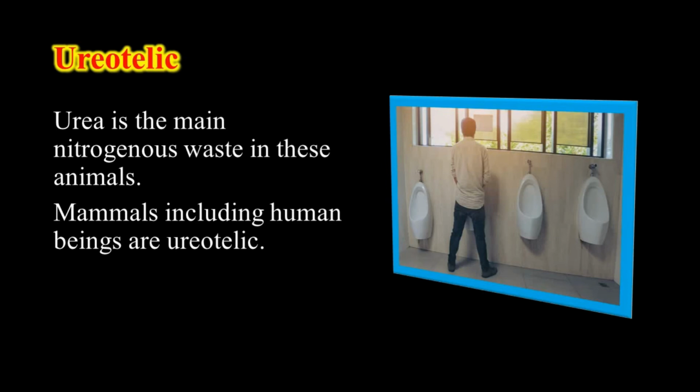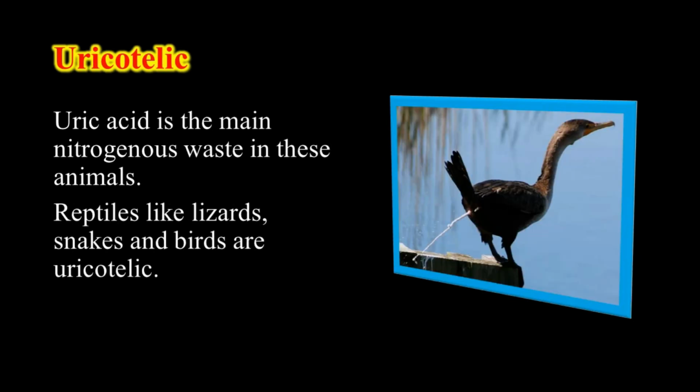Mammals, including human beings, are ureotelic because they excrete urea as their waste material. And third category is uricotelic. Uric acid is the main nitrogenous waste in this type of animals. Reptiles like lizard, snake and birds are uricotelic and they excrete uric acid in semi-solid form as waste.